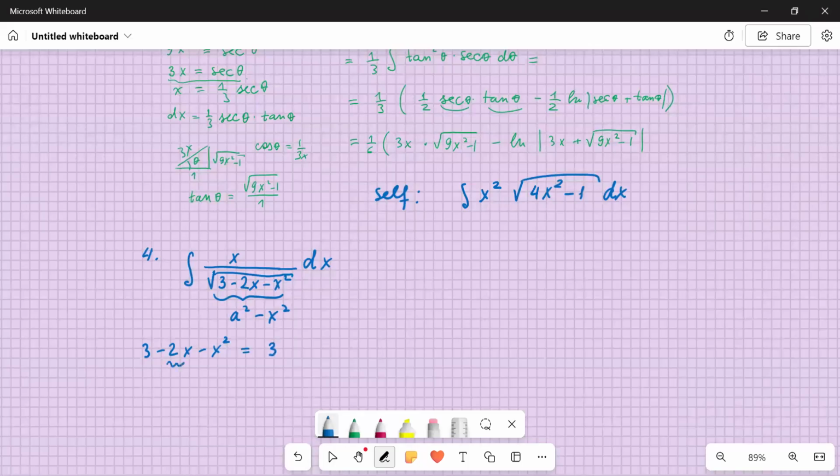Well, what is missing to complete the square with x? I'm going to put a minus here and write x squared plus 2x. What will turn x squared plus 2x into a perfect square? Plus 1, right? 1 was missing to complete the square here.